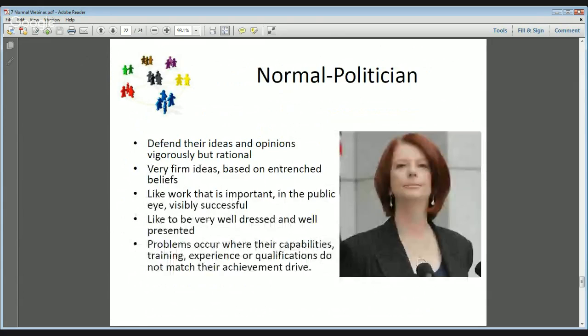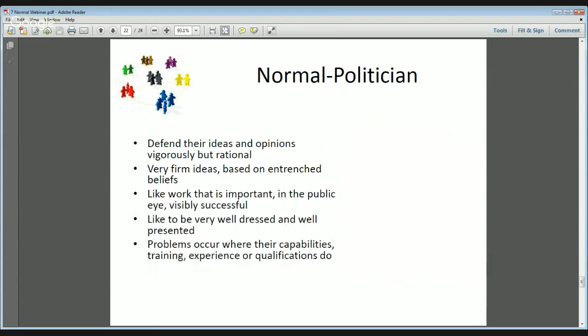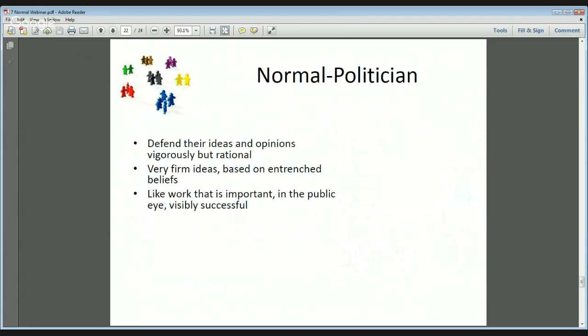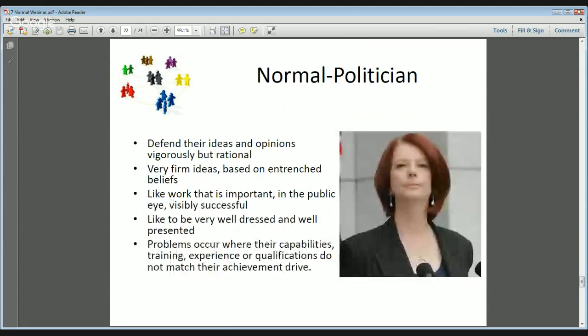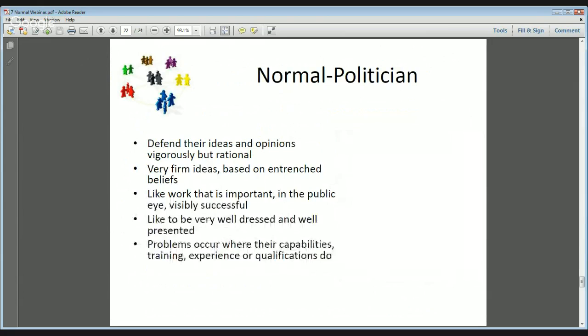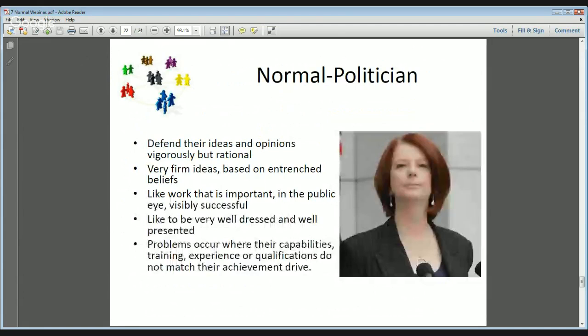For example, one of them was when they put the live cattle ban on cattle going to Indonesia because there was a TV program saying that they weren't being treated well. Well, instead of sending, say, $20 million worth of stun rods, she suddenly, out of the blue, banned live cattle exports to Indonesia.